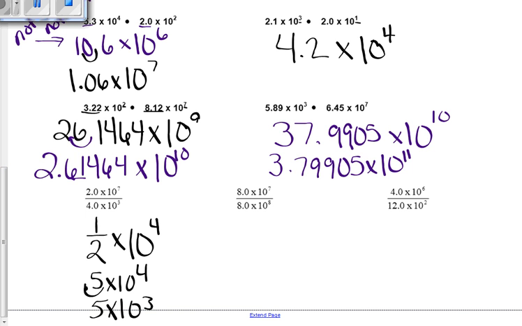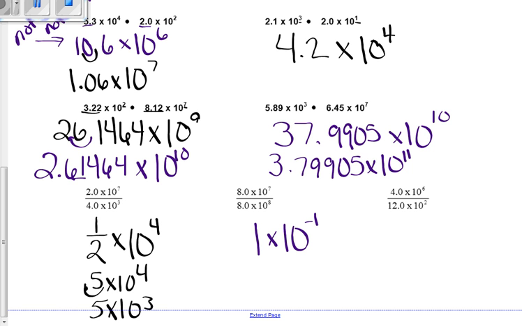Okay, let's continue. Now we're going to have 8 times 10 to the 7th divided by 8 times 10 to the 8th. So remember, we're going to simplify our whole numbers, the bases of our scientific notation. So 8 divided by 8 is going to be 1. And we're going to do times 10, and we're going to subtract our exponents. 7 minus 8 becomes -1.